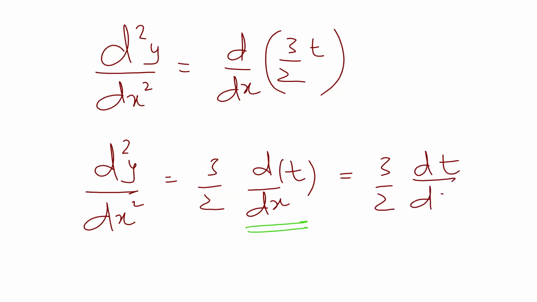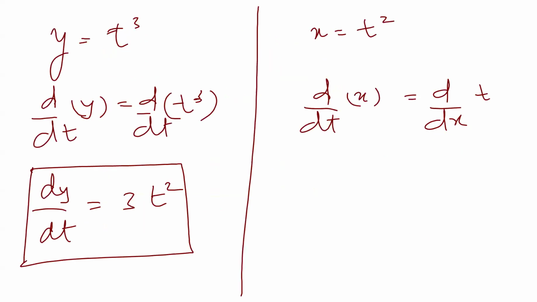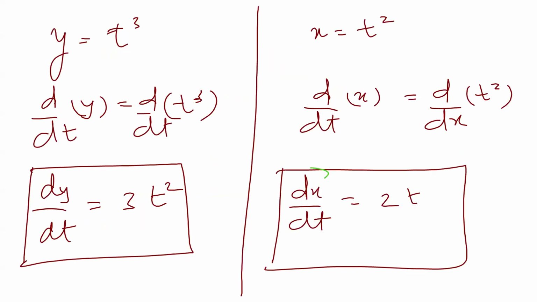Now we have this value somewhere in the problem as calculated. So it's over here. If dx by dt is 2t, what is dt by dx then? 1 upon 2t. Okay, reciprocal.